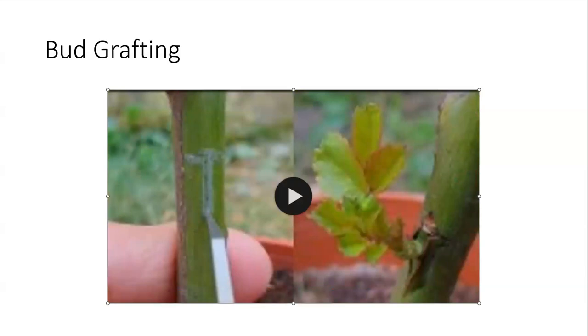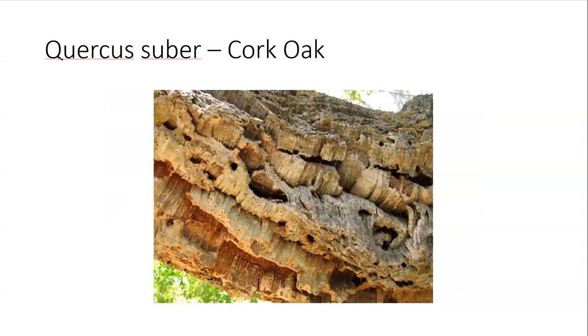So along with that, let's look at some other cool things about that epidermal layer. Quercus suber, or the cork oak. Okay, there's a lot of them that grow in the Sacramento region. Grows really well here. It's a true Mediterranean basin native, but it is an oak.